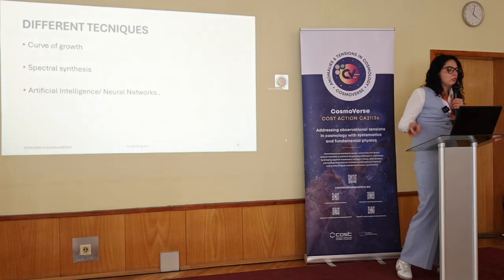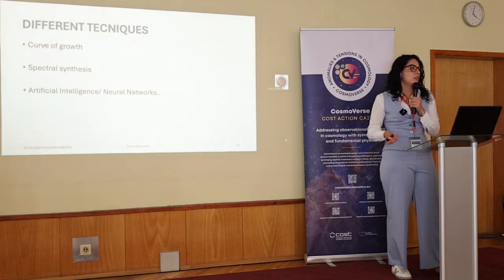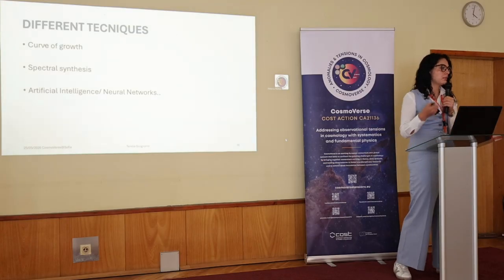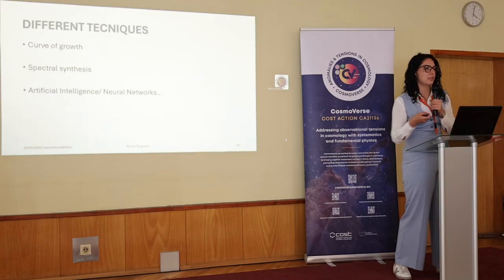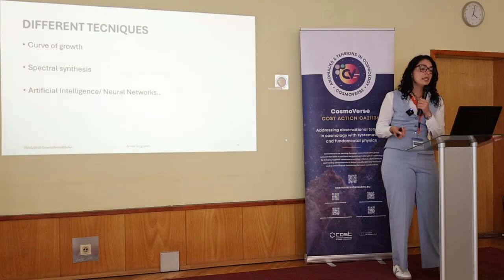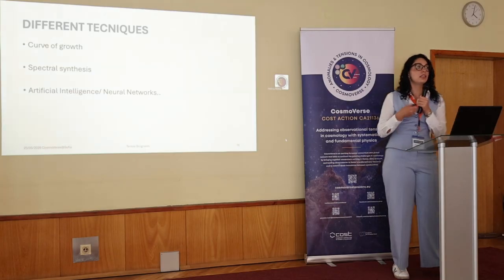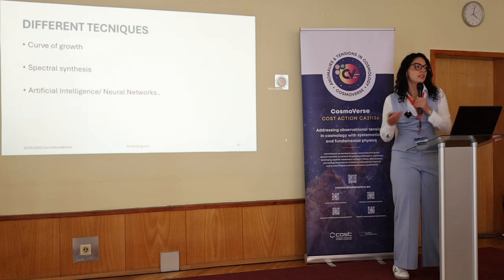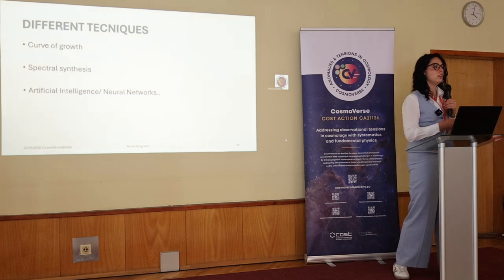The curve of growth and the spectral synthesis are the more classical ways, in which you work with more or less one spectrum at a time and search for the stellar parameters of every star. Artificial intelligence and neural networks need a test and a trial sample, so they need more spectra.